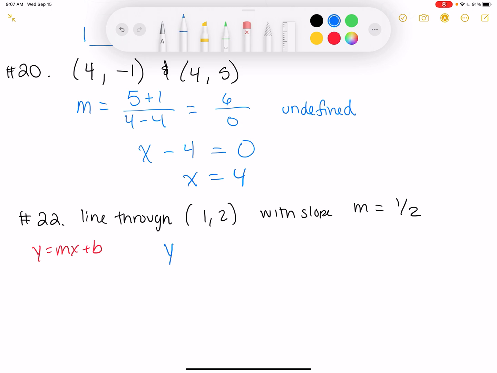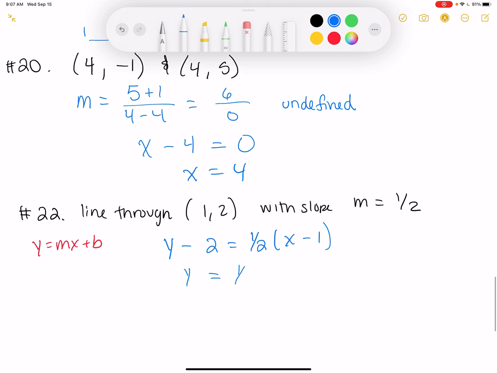So y minus 2 is equal to 1/2 times x minus 1. Now I need to move stuff around until I get to the form I actually want. I'll add the 2 over and multiply: 1/2 x minus 1/2 plus 2.